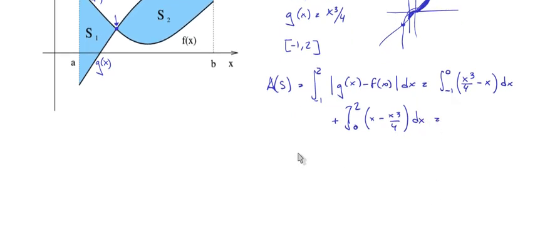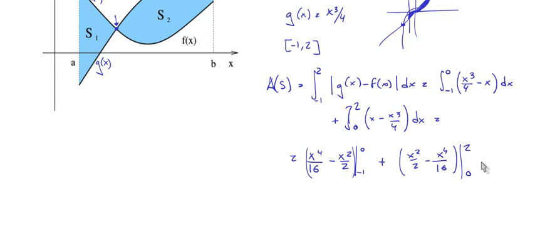So here this is going to be x to the 4 over 16 minus x squared over 2 evaluated at 0 and -1, and then plus the integral, let me put some brackets here, of x squared over 2 minus x to the 4 over 16, again evaluated at 2 and 0.